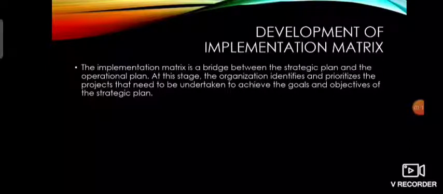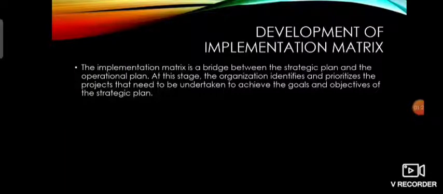Now, at this stage of the implementation matrix, the organization identifies and prioritizes the projects that need to be undertaken to achieve the goals and objectives of the strategic plan. Right?